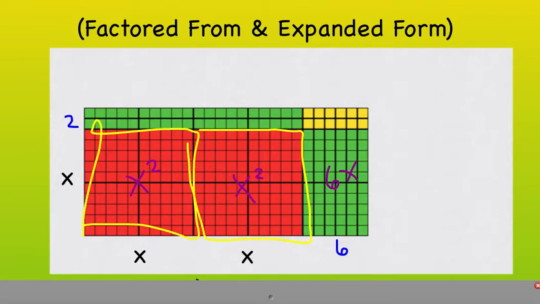Then I want to point out that we have a rectangle here, and another rectangle right here. So we have 2 rectangles. For this first one, the area is going to be 2x, and the area for this rectangle up here is also going to be 2x.